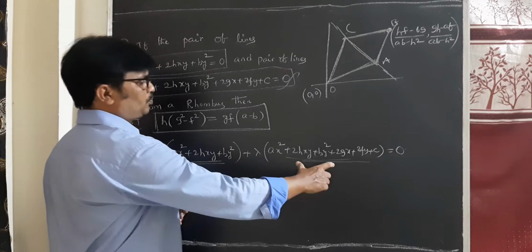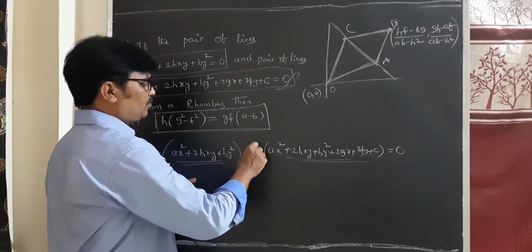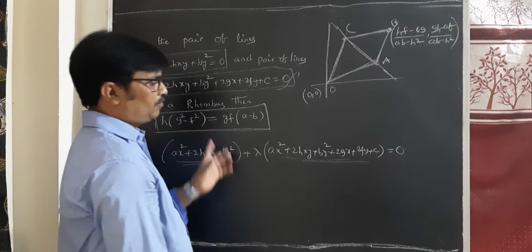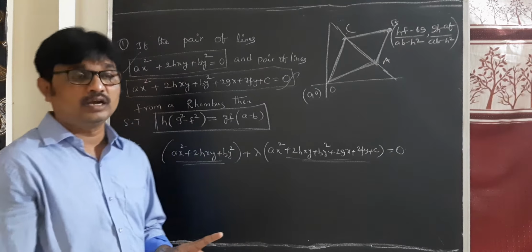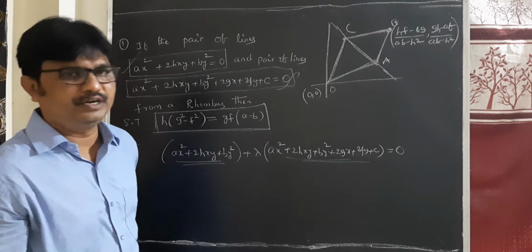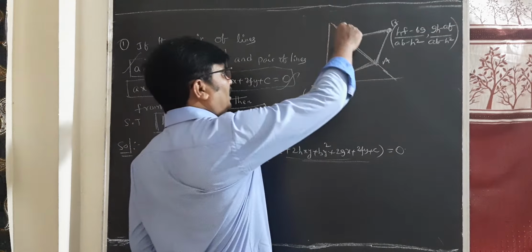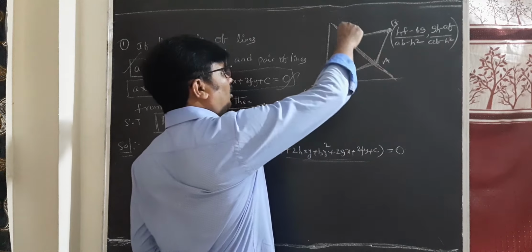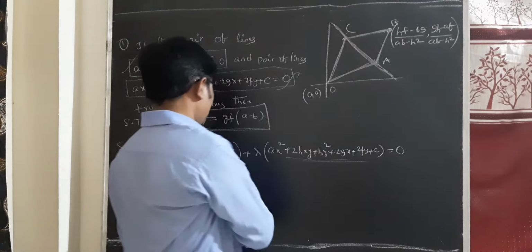These two pairs of lines give a family of lines passing through the point of intersection of this one and this one.